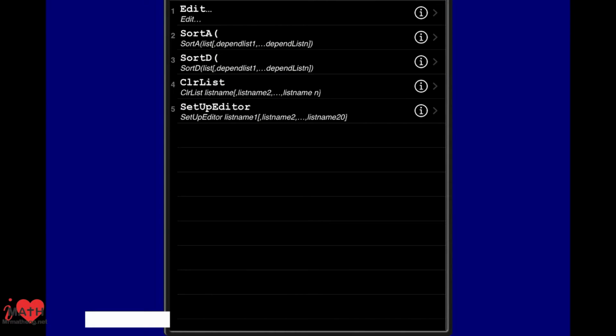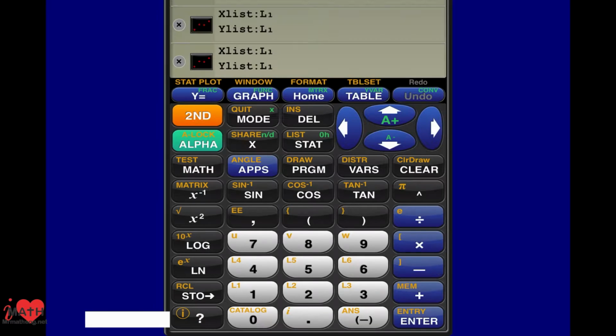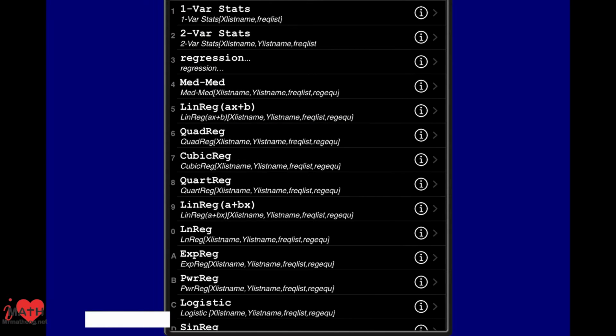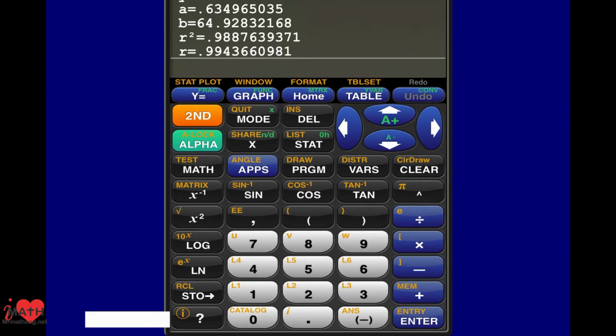All right, so stat, calc, and we're calculating linreg. I'll use 5 on this one. Doing the home screen, let's try that again. Stat, calc, linreg, and then we just need to type in L1, L2. So second 1, comma, second L2. Okay.